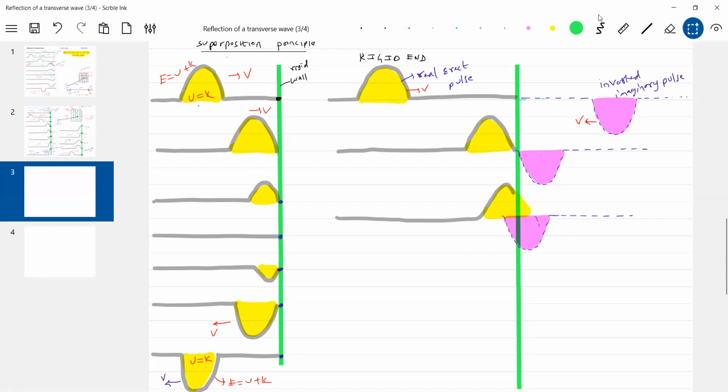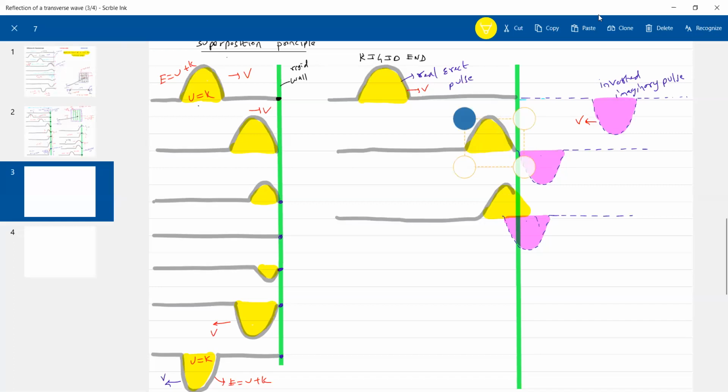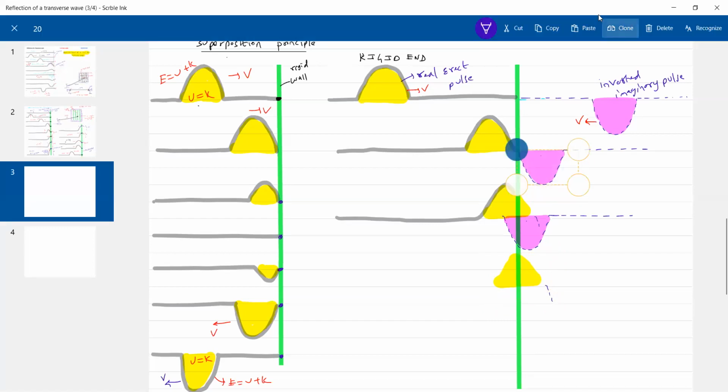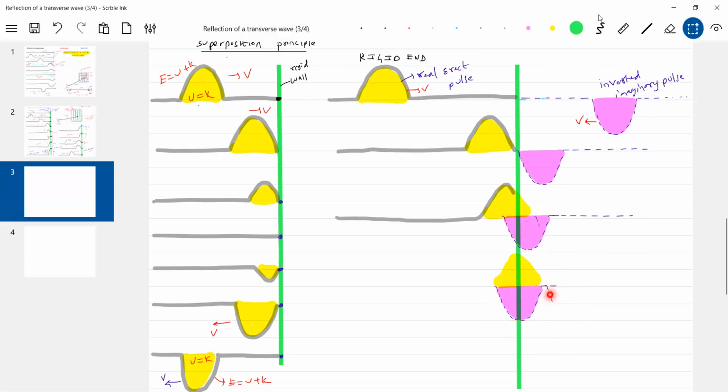And finally, look at the shape of the rope, how it should be.